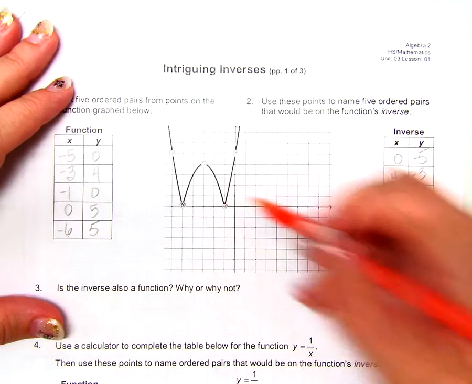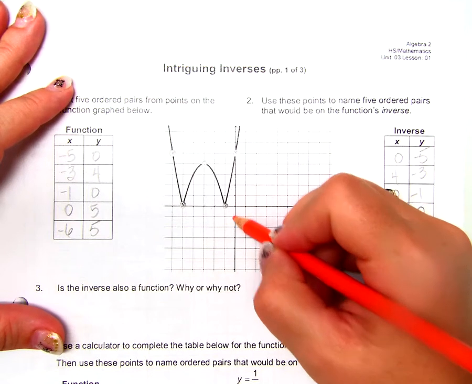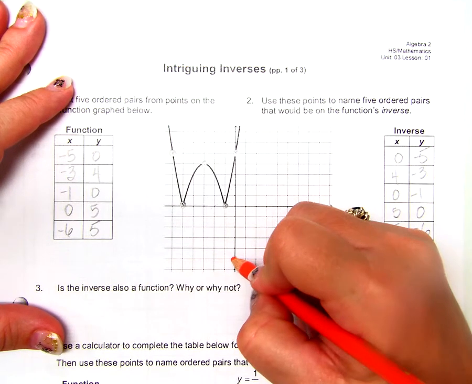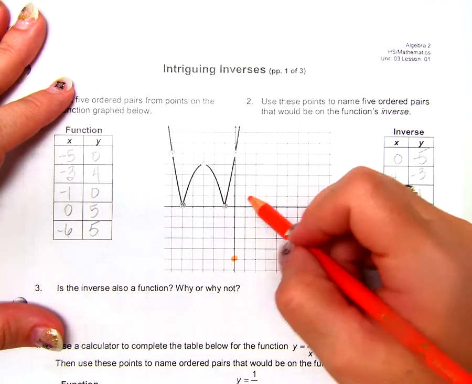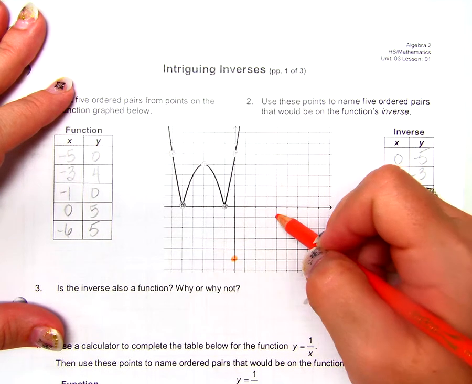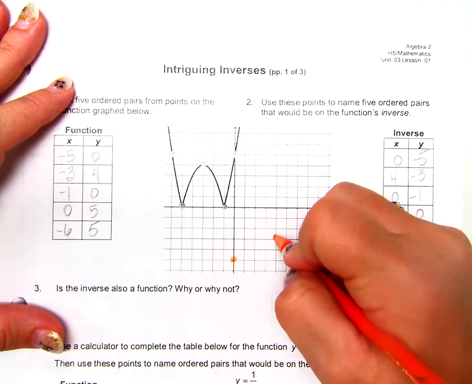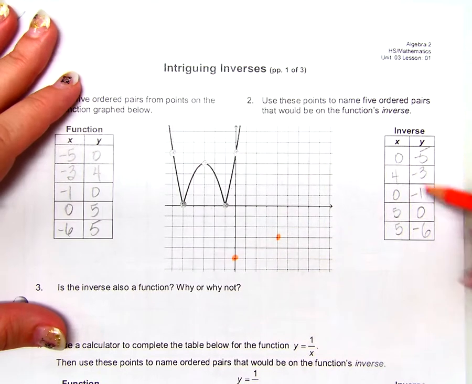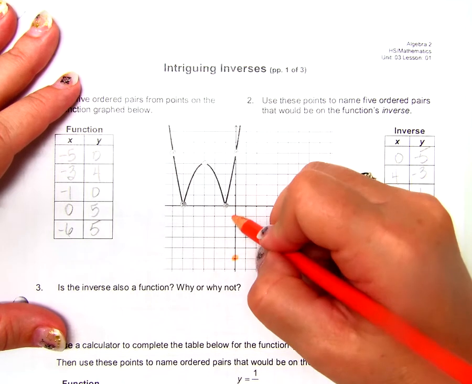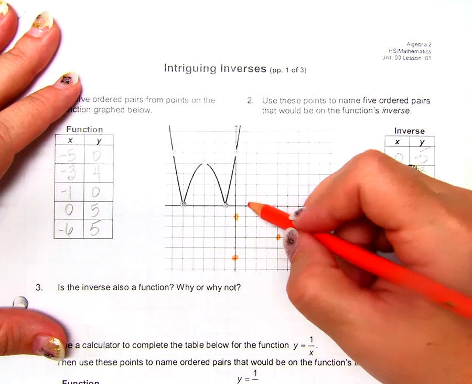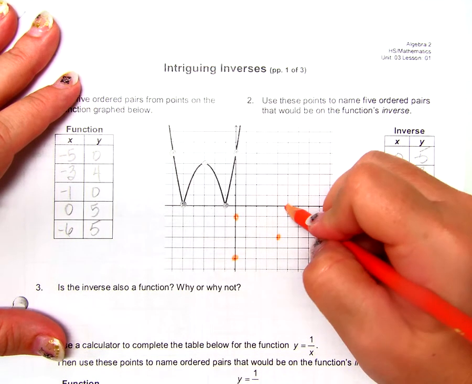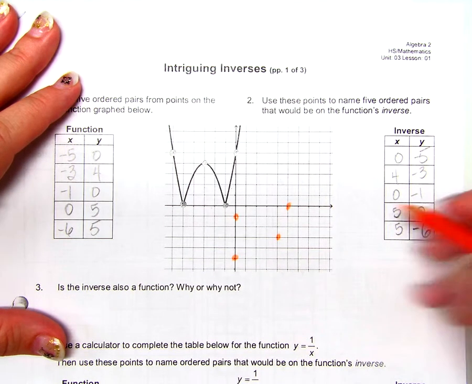So 0, negative 5, 4, negative 3, 0, negative 1, 5, 0, and 5, negative 6.